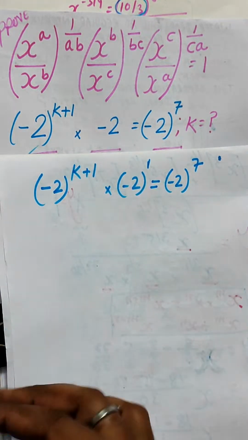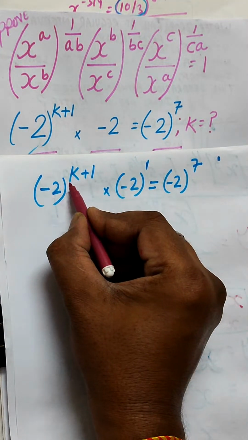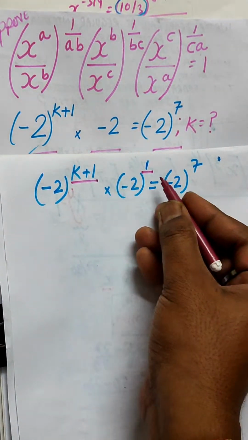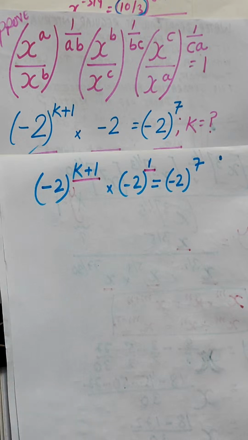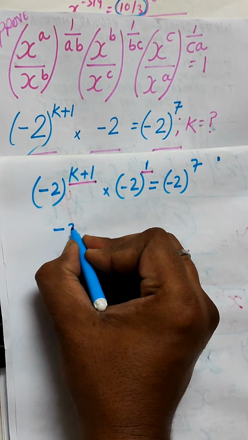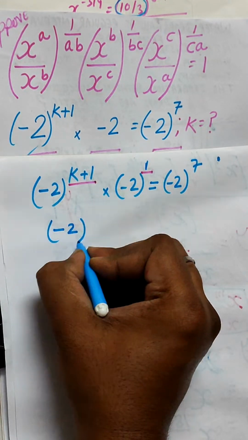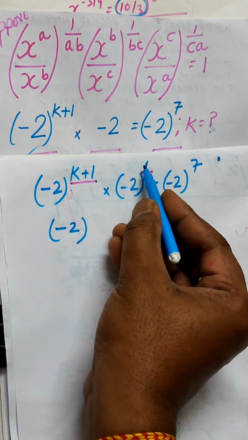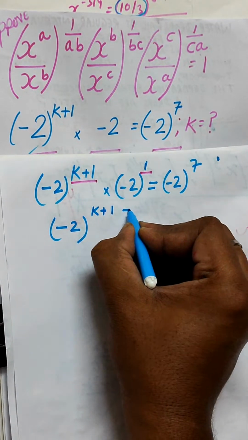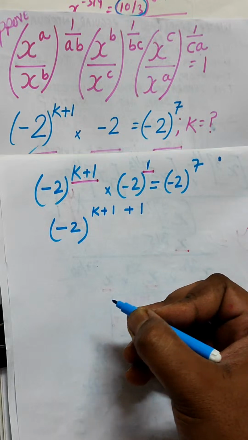So here you can see this k plus 1 is in the exponent, and this 1 is in the exponent; these will be added, right? Since the base is the same, we will write the base minus 2 as it is, and the exponents will be added, so it will be k plus 1 plus 1, right?